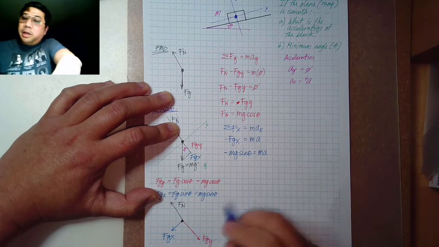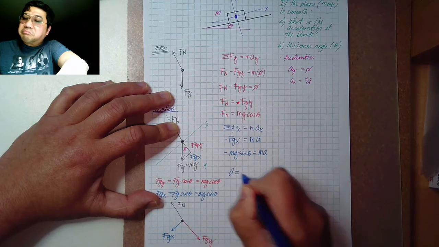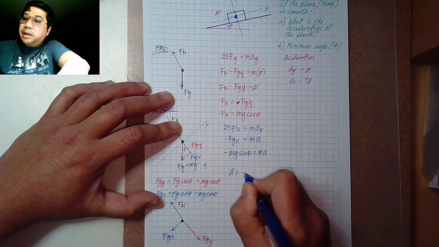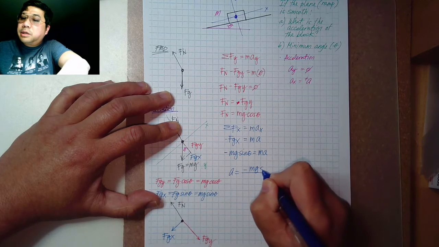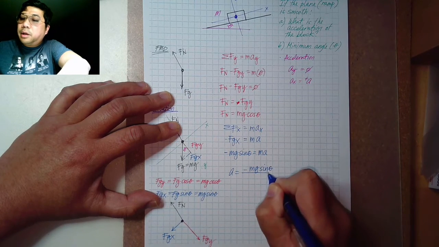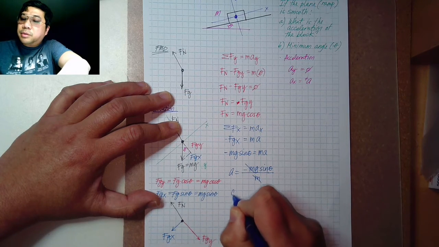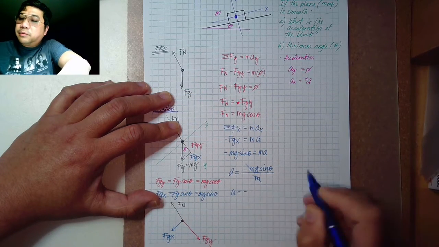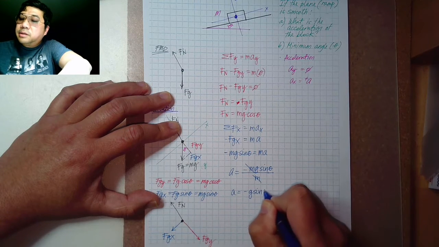Now, in order for us to solve for acceleration, we can say that it is negative mg sine theta divided by mass, and now we can cancel our m. What's left is negative g sine theta.